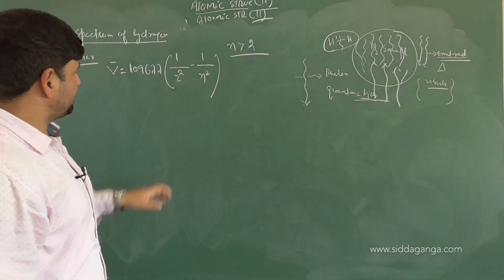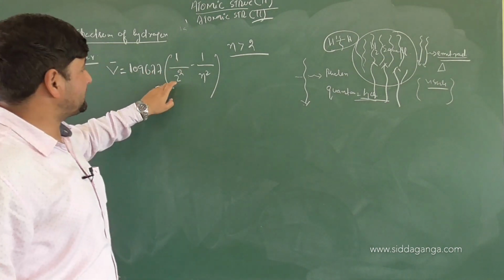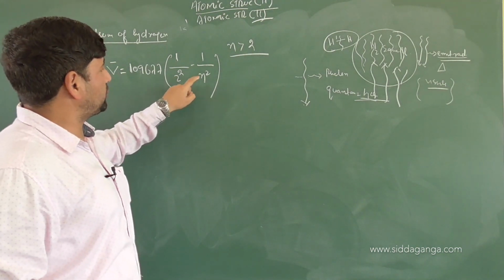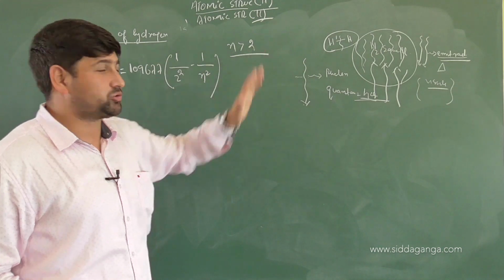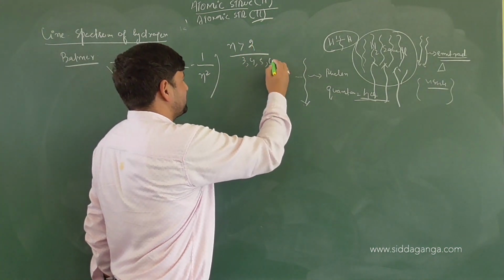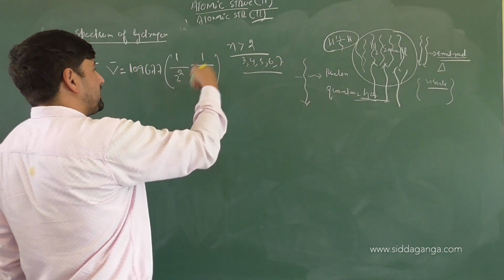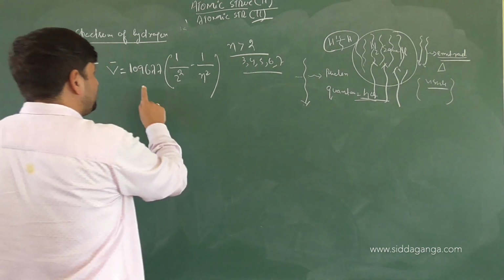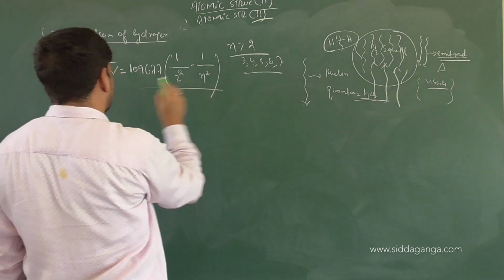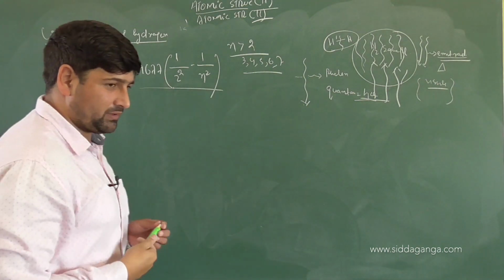That technically means the ground state where the electrons come back after excitation is energy level 2, and naturally the excitation can be from 3, 4, 5, 6, 7, and so on. It will be greater than 2. When the electrons come back to the ground state, they lose energy, so the visible part can be found. The wave number of the emitted radiation can be found by this equation, which technically means the wavelength can also be found.